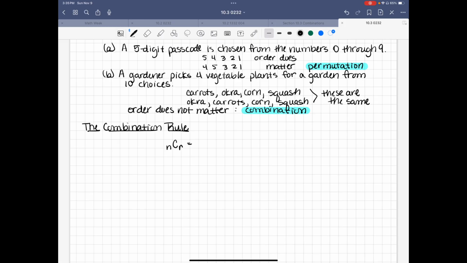And the rule for a combination actually includes the rule for a permutation, and it is nPr over r factorial. If we write that out completely, that's n factorial over n minus r factorial, all over r factorial. This right here is actually my permutation.